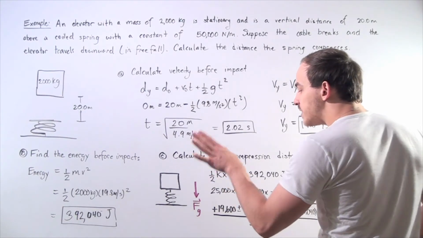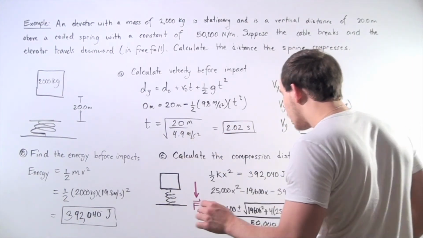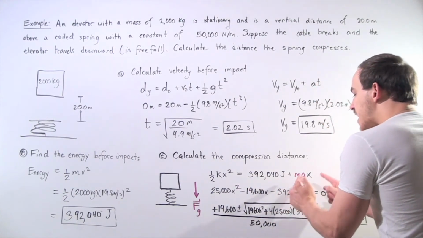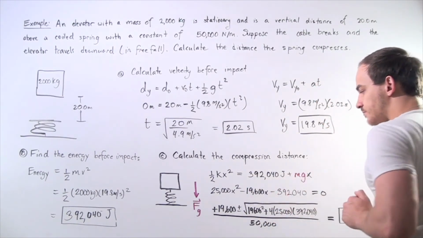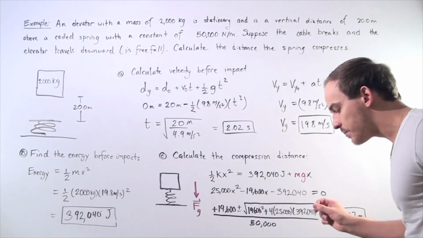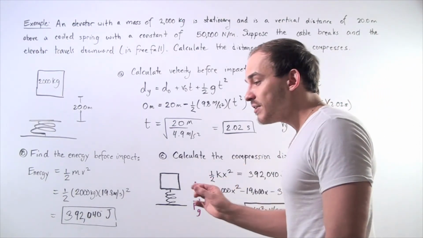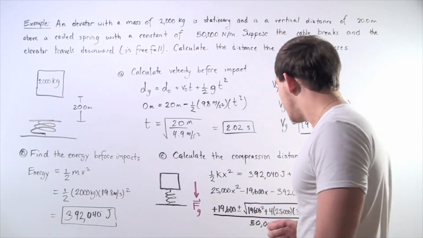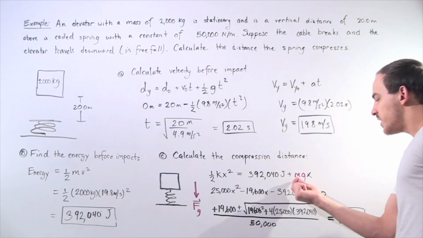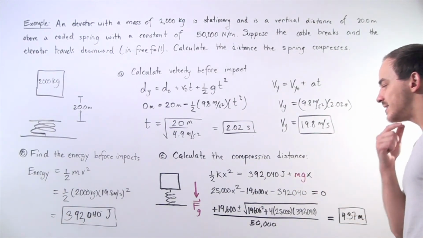Our work done by the spring for a non-constant force is equal to the kinetic energy plus the gravitational energy, which is given by m times g times x. Because remember, the force of gravity is constant, so that means we can use our equation, work equals force times distance, where mg is the force and x is the distance.